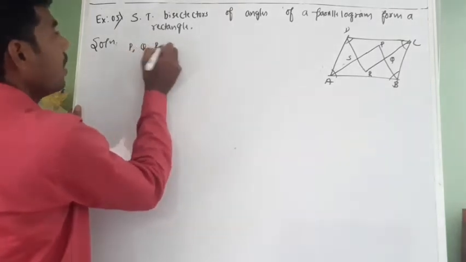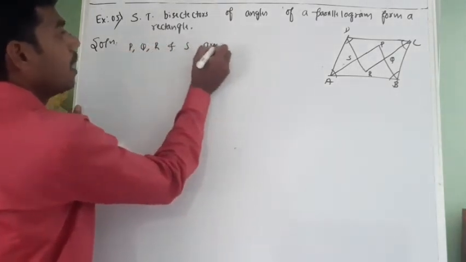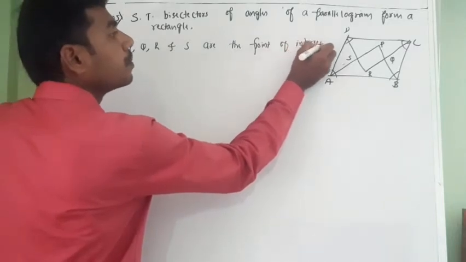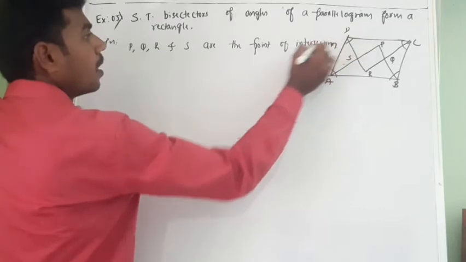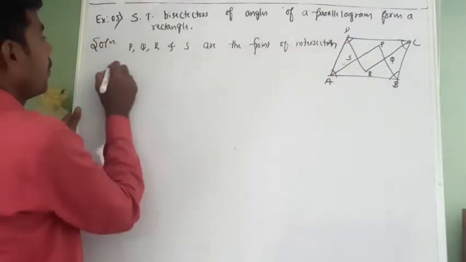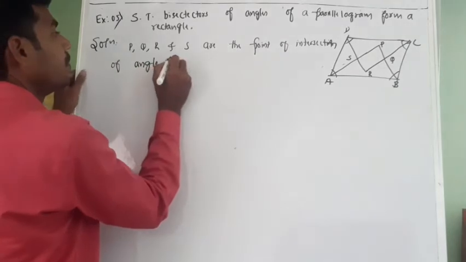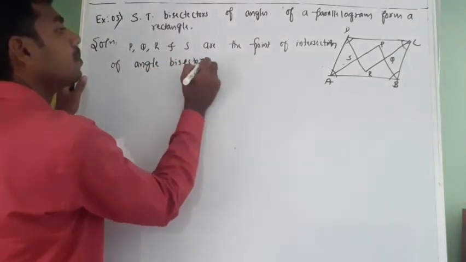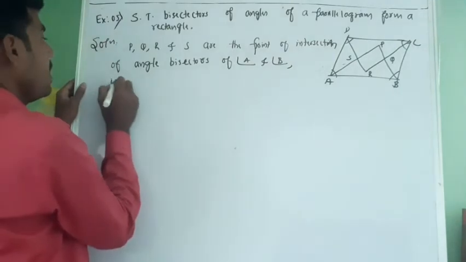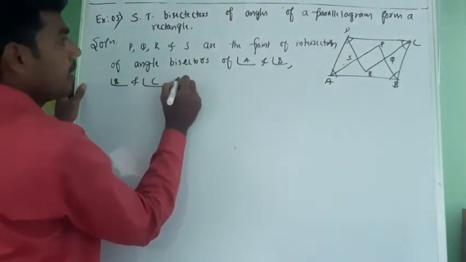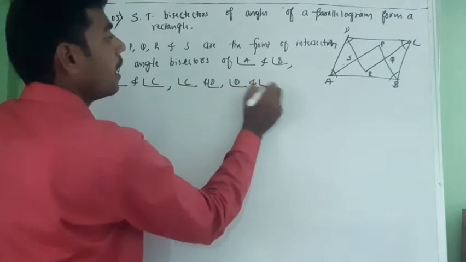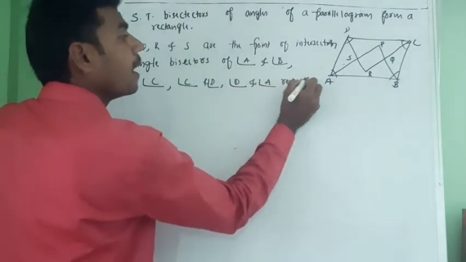P, Q, R and S are the points of intersection of angle bisectors of angle A and angle B, angle B and angle C, angle C and angle D, angle D and angle A respectively.